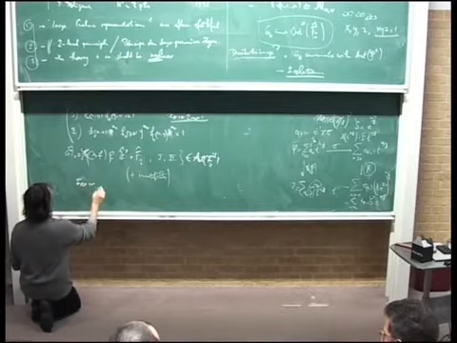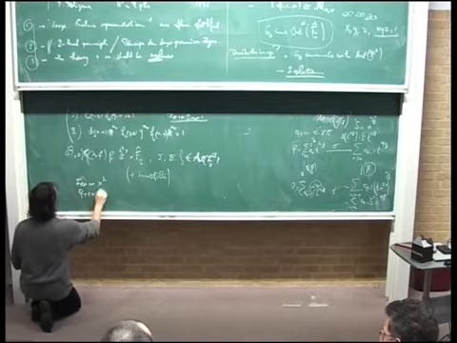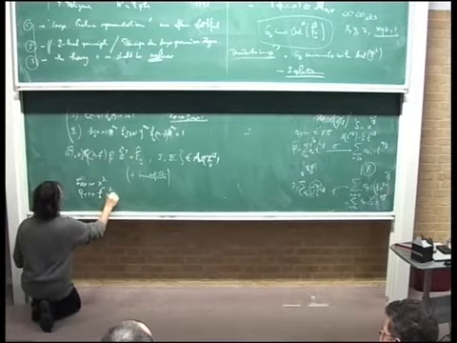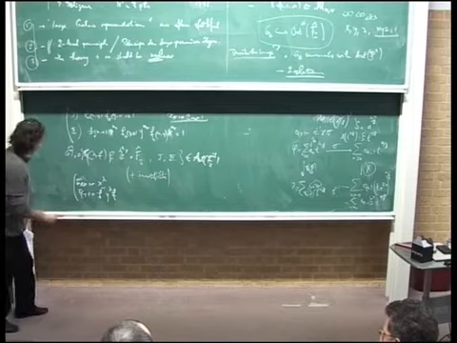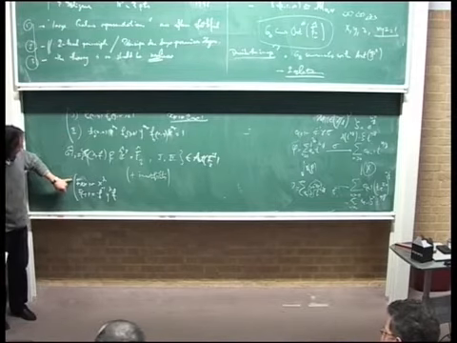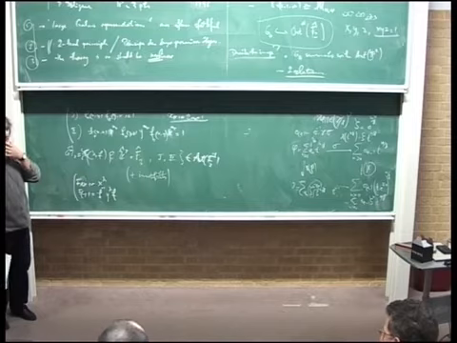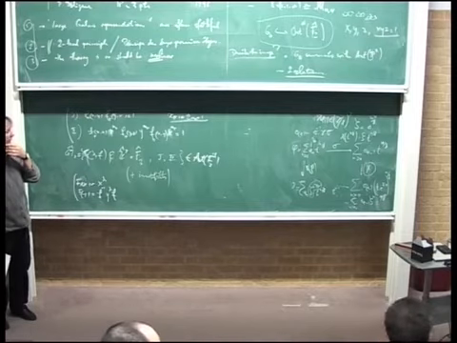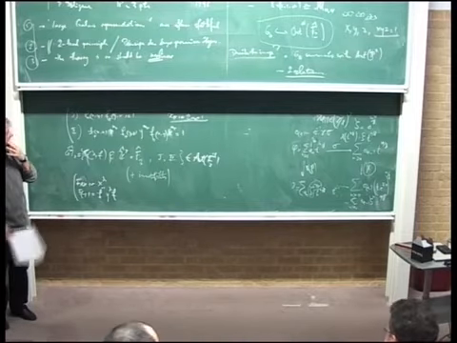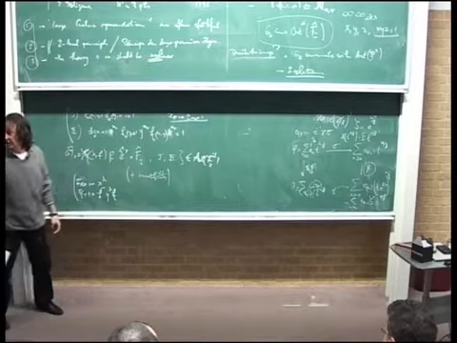So f of x will be x to the lambda, and f of y will be f minus 1 y to the lambda f. Lambda is odd. I put it upstairs, but yes, of course it's odd because it's invertible.